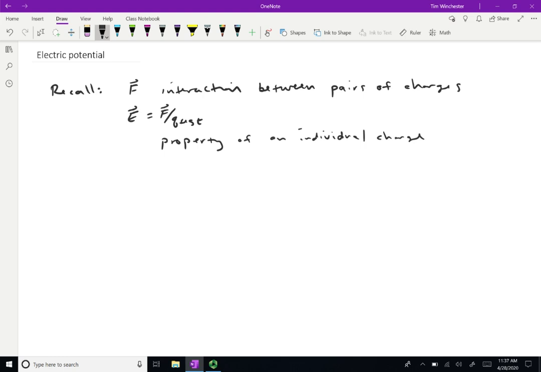Well, what I'd like to do now is do the same thing, but with energy instead of force. Okay, so now I'm going to define a new quantity V, where V is equal to U divided by a test charge. Just like with force, the electric potential energy, U, is a two-charge interaction.